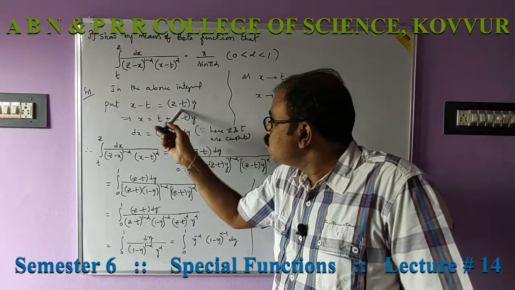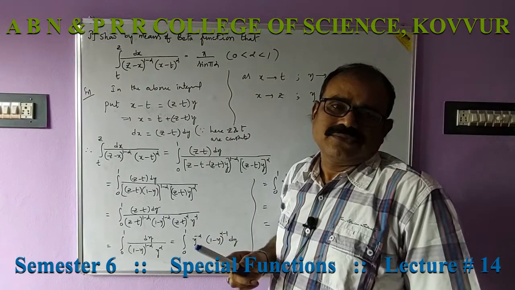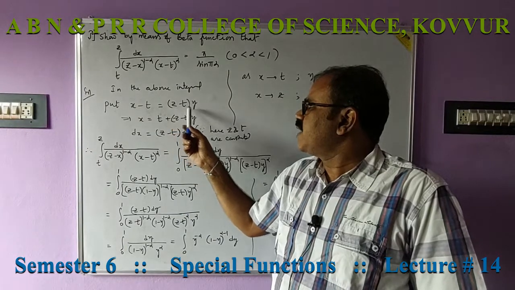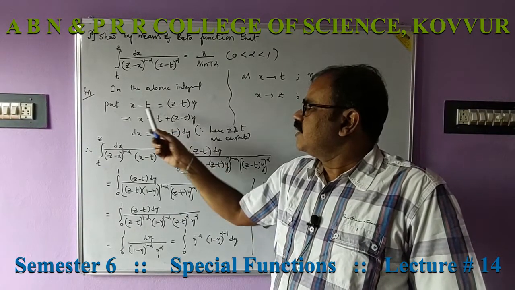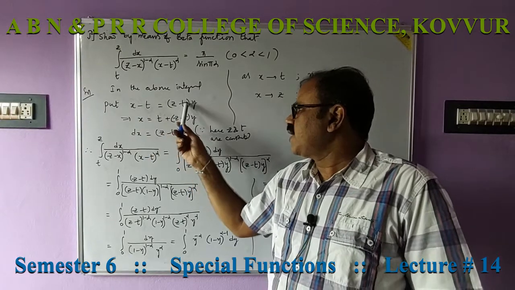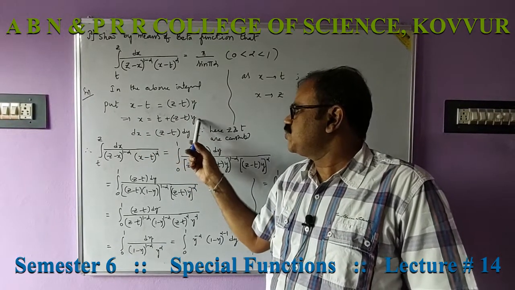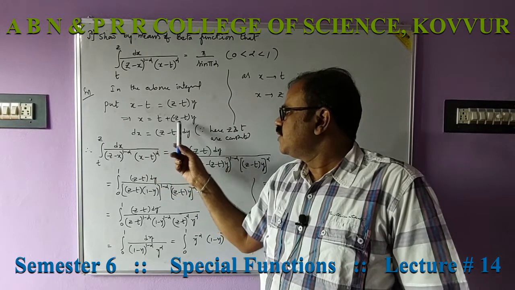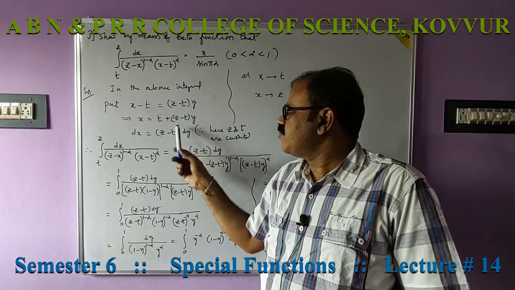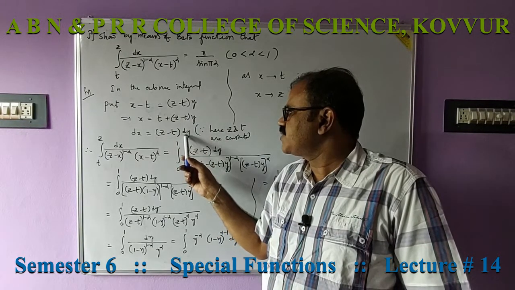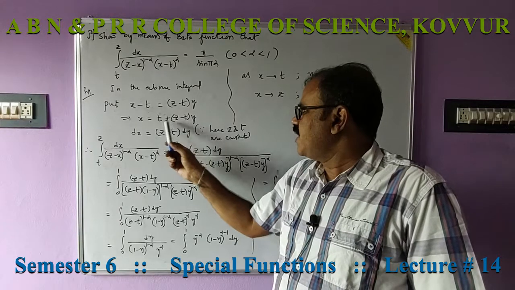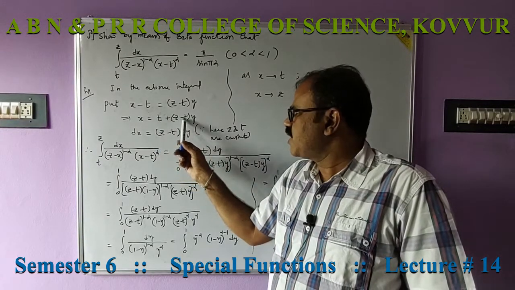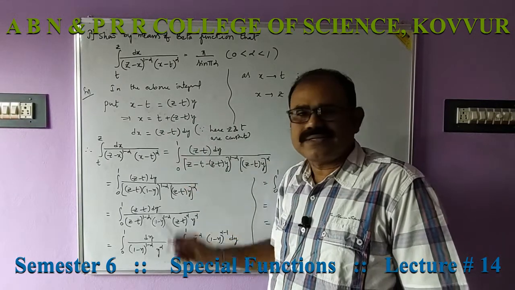Okay, x minus t is substituted with (z minus t) into y. x is equal to t plus (z minus t) into y. dx is equal to, t is constant, gets 0, z minus t is also constant, (z minus t) into the derivative of y, which is dy. Here z and t are constants. So, the derivative of t is 0, and (z minus t) into y gives (z minus t) dy.